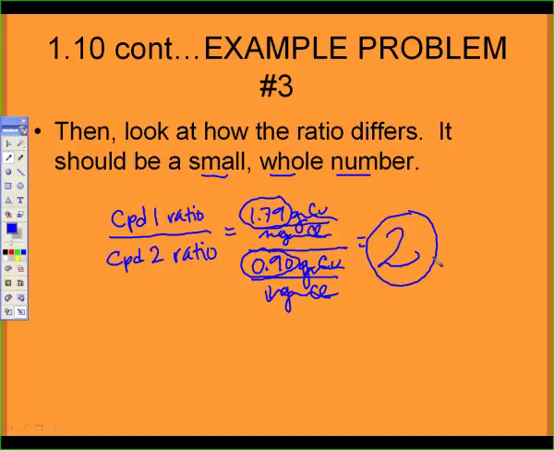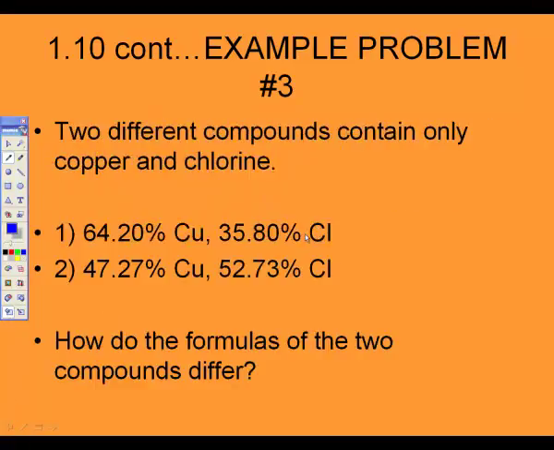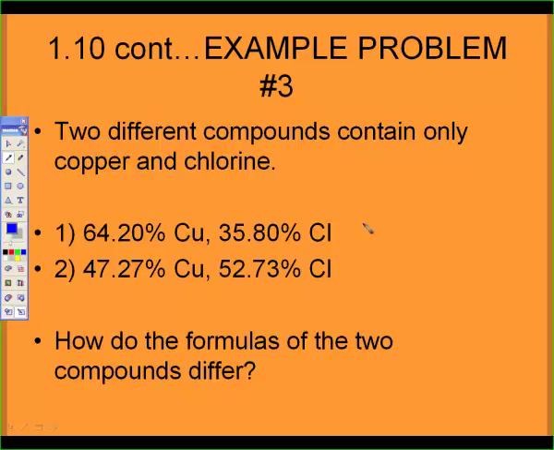So let's go back to those 2 compounds. All right, so we said that the ratio of copper to chlorine here is 2 times as much of the ratio of copper to chlorine here, or the mass.